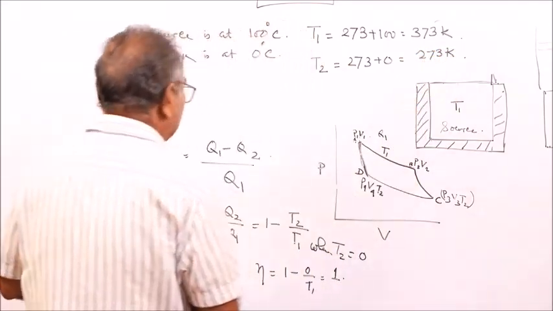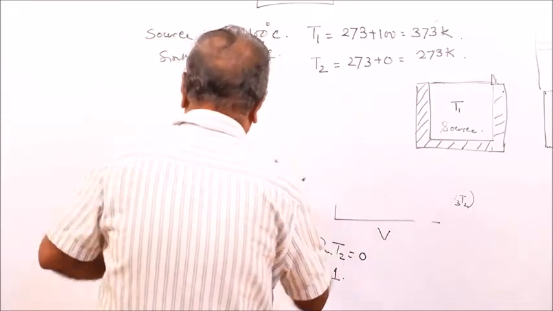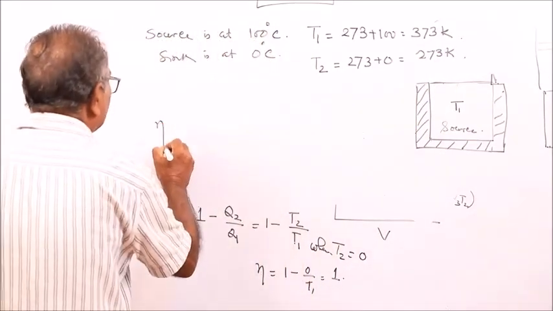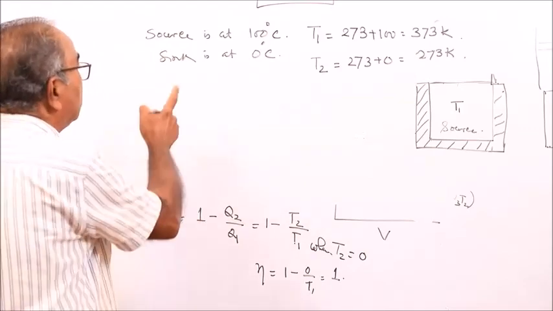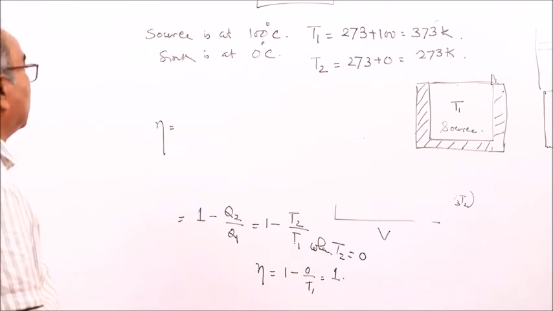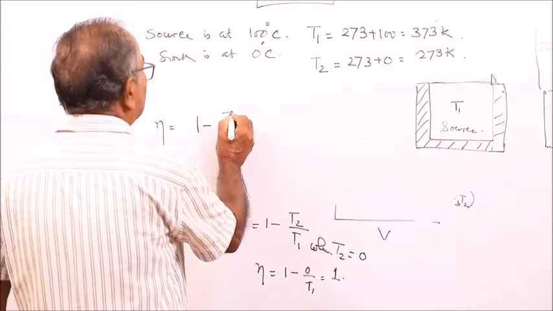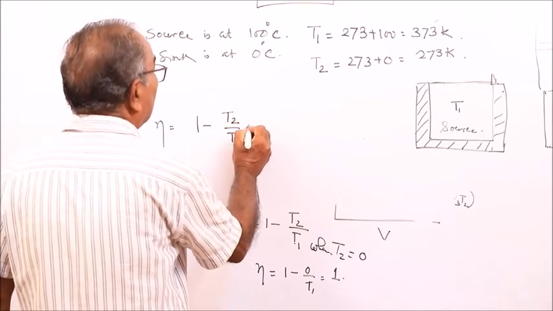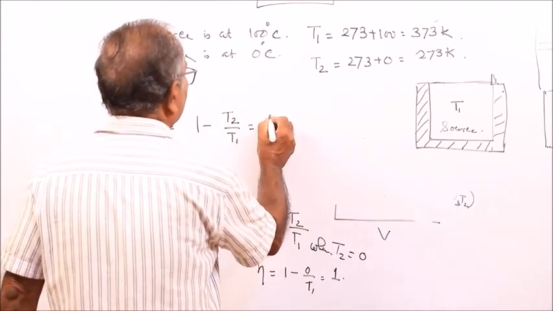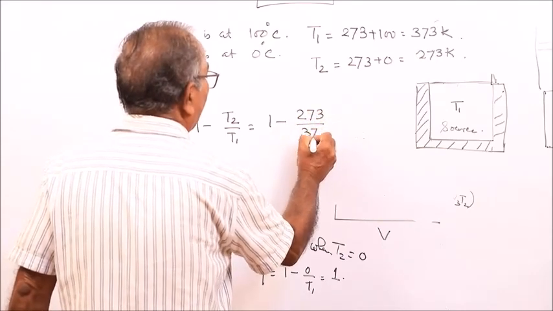So the efficiency of the engine operating between the boiling point of water and the ice point is equal to 1 minus T2 by T1, that is 1 minus 273 by 373.